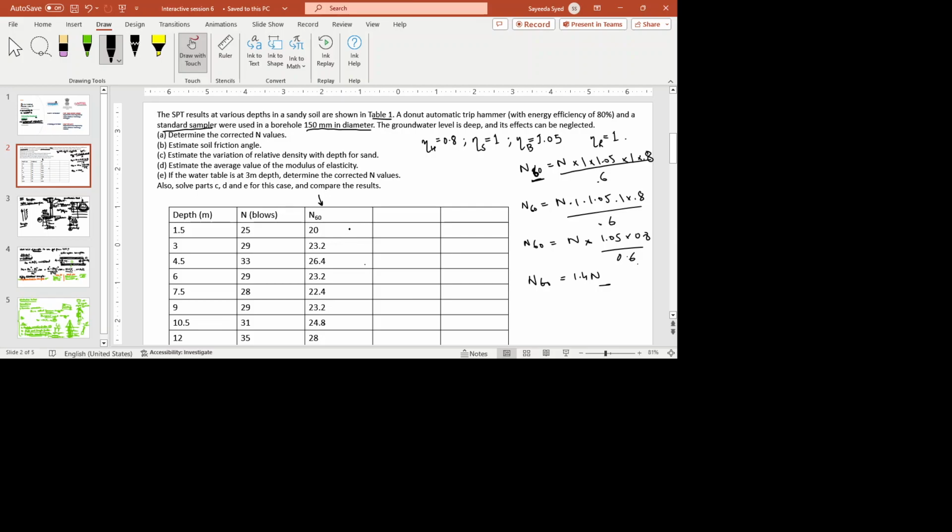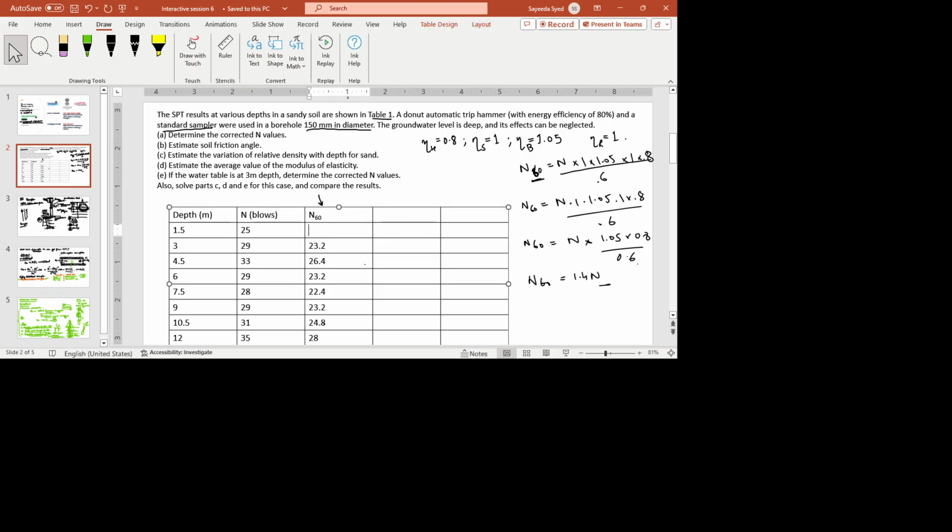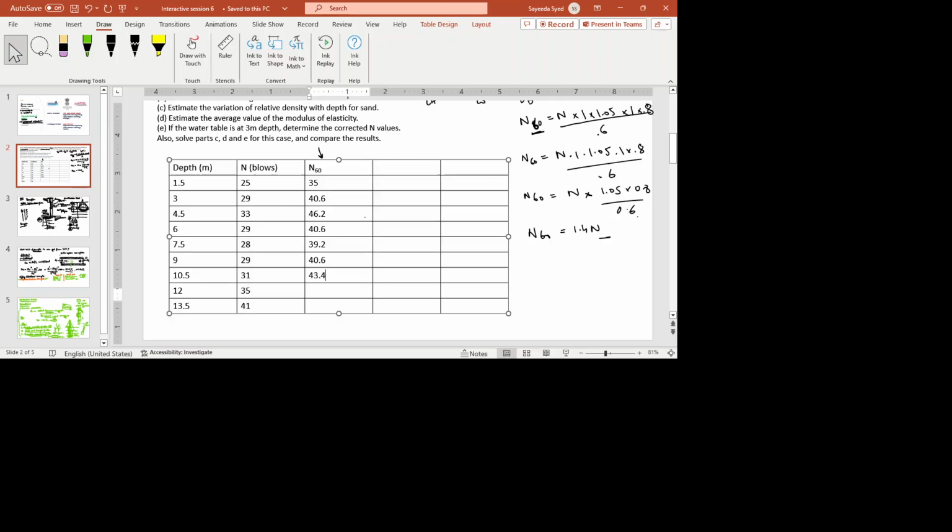And for the values in this column, we will have 35, 40.6, 46.2, 40.6, 39.2, 40.6, 43.4, 49, 57.4. So we will get these values for N60.